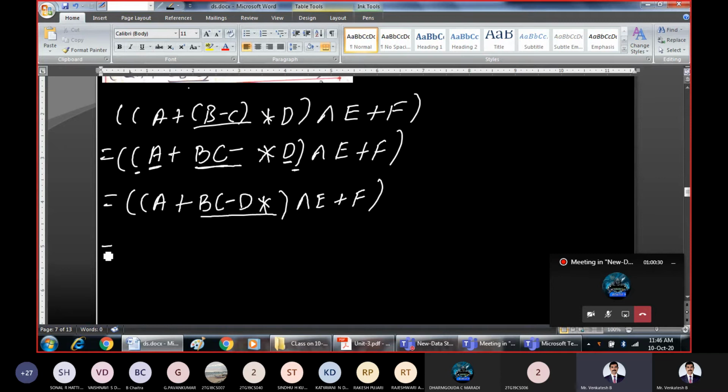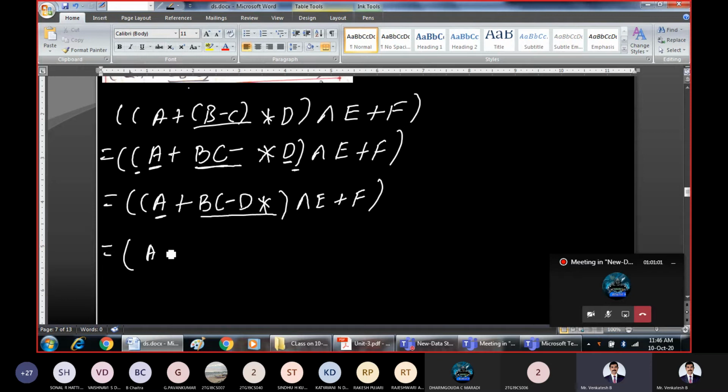What is the next step? Again, we should solve this inner bracket now. In the inner bracket, we have one operand A, and another operand, this entire thing, BC minus D star, which is one operand now. How do you solve the postfix expression? Now we are solving the inner bracket completely and we'll be removing these brackets. Write the first operand A as it is.